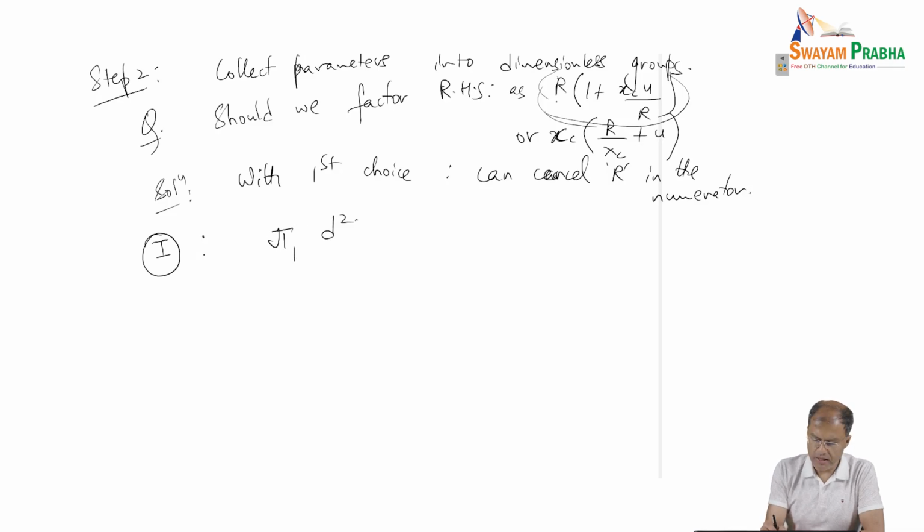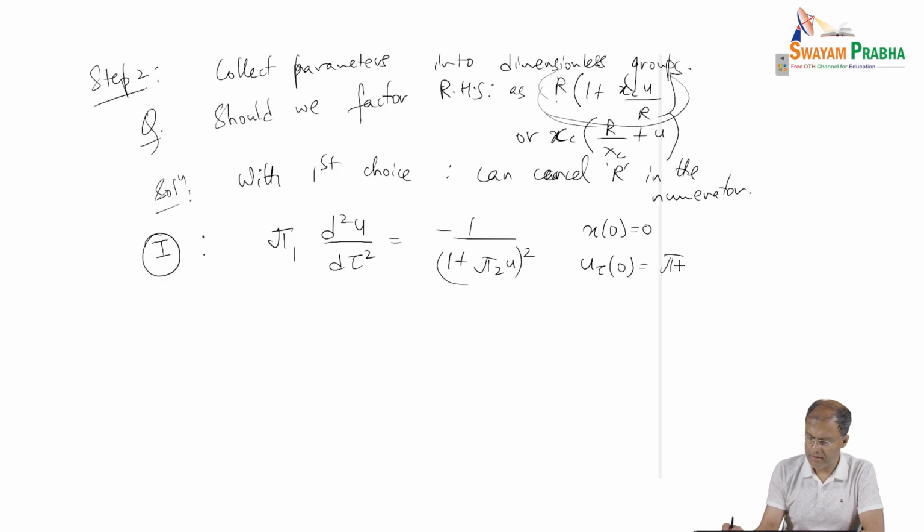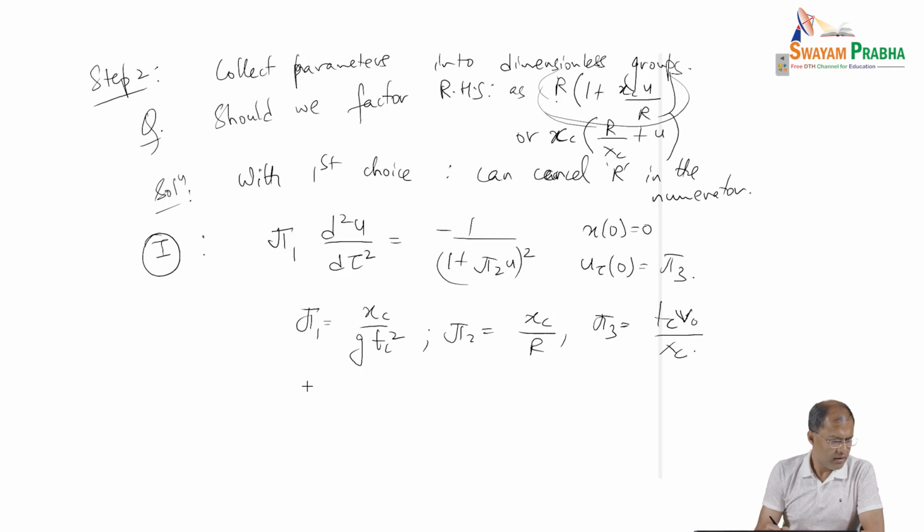Pi 1 d2u/d tau 2 is equal to minus 1 by (1 plus pi 2 of u) whole square, with u of 0 is 0 and u_tau of 0 is pi 3, where my dimensionless groups pi 1 comes out to be xc by g tc square, pi 2 is xc over R, and pi 3 comes out to be tc v naught by xc.